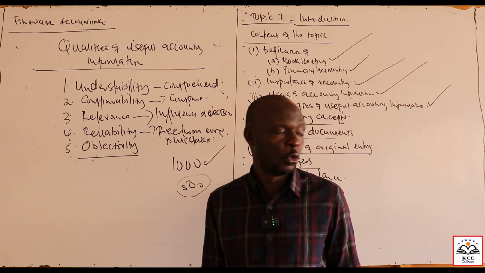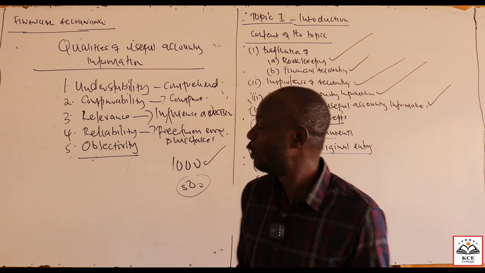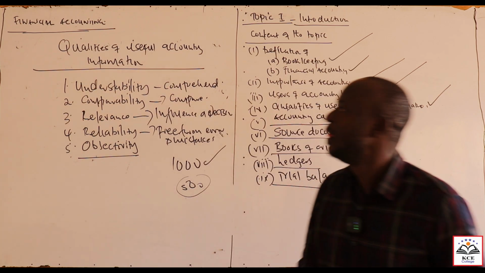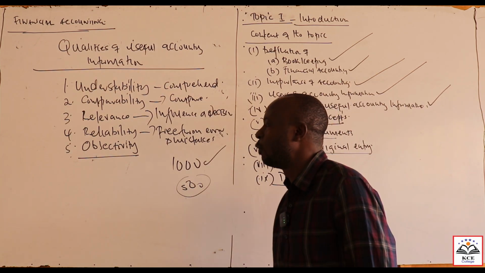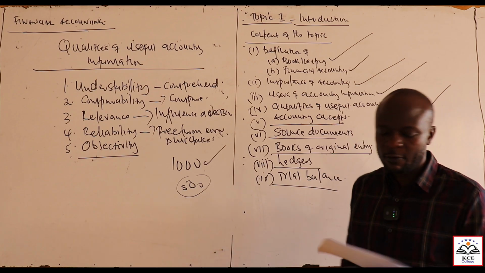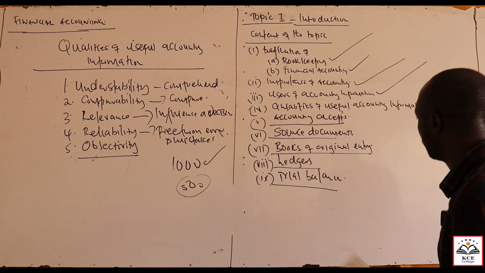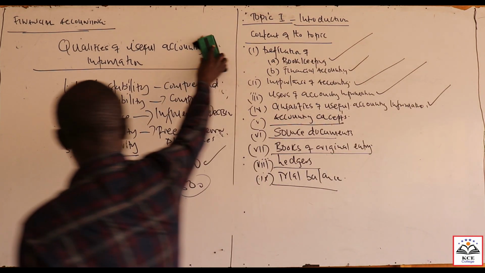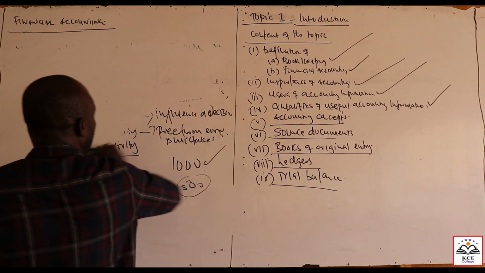So you're not being factual, you're being biased. So financial information needs to be objective. Those are the qualities of useful financial information.